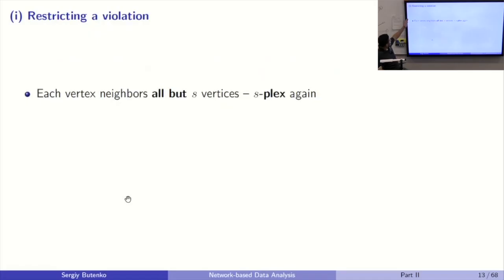So now, restricting a violation with all but S rule. When you use these definitions where all pops up, like each vertex neighbors all but S vertices, again we obtain the definition of S-plex. See, different elementary clique defining properties, when relaxed according to this first rule, result in the same clique relaxation, which is S-plex, which kind of gives extra points to S-plex, I would say, because it comes from different sources, right?